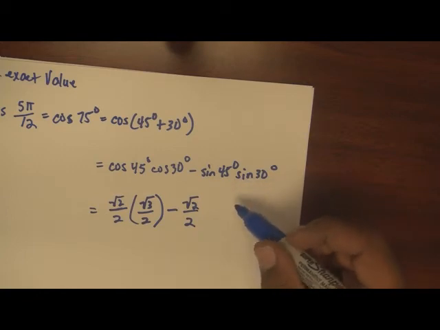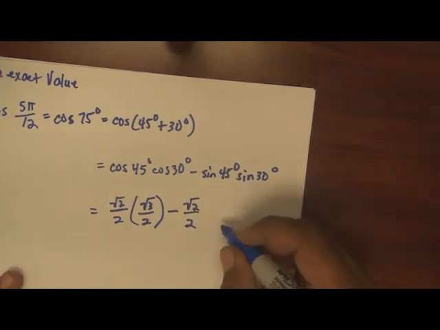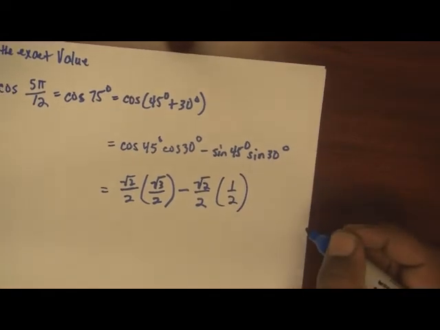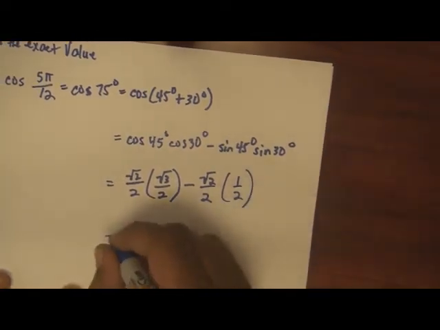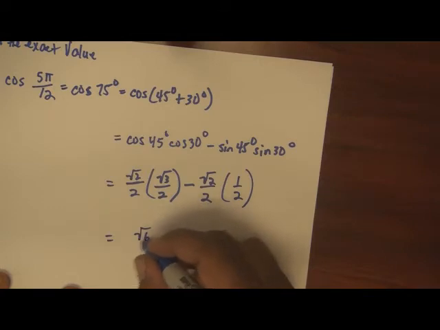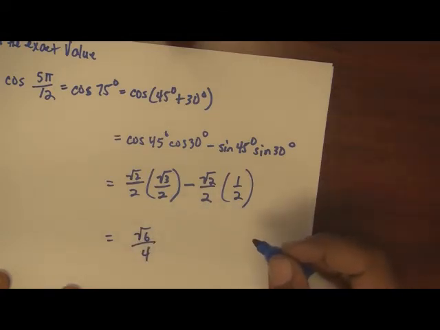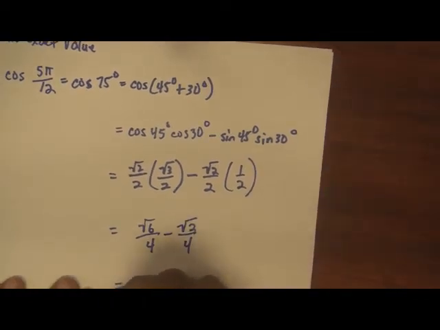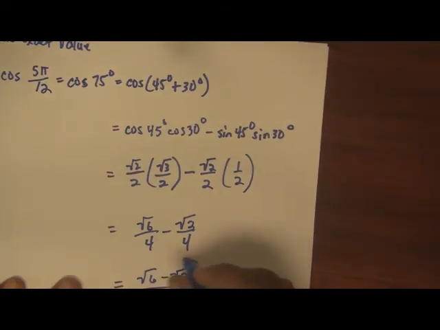The sine of 30 degrees is 1/2. And now if we simplify, we have the square root of 6 minus the square root of 2 all over 4.